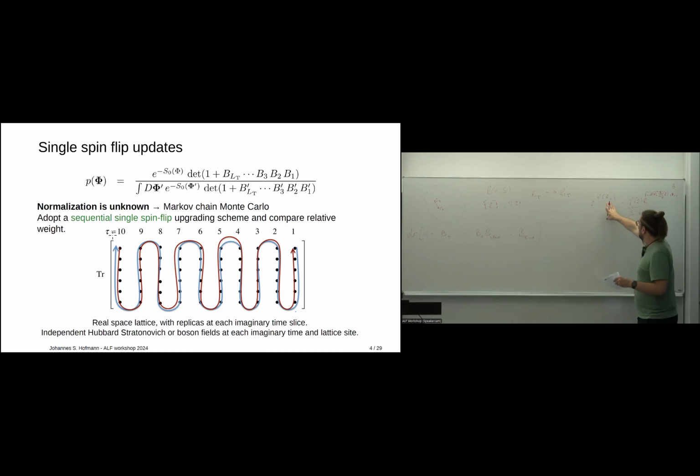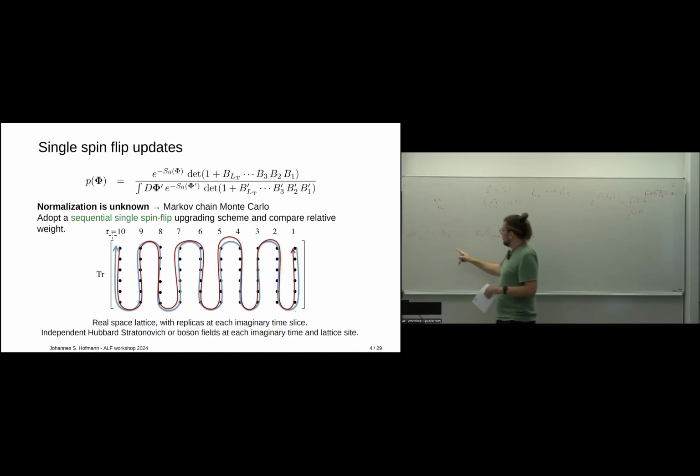So we changed this field, which implies that if I look into this B matrix, there is this e to the v for the field L at i tau times all the other stuff. And this is the term that changes.